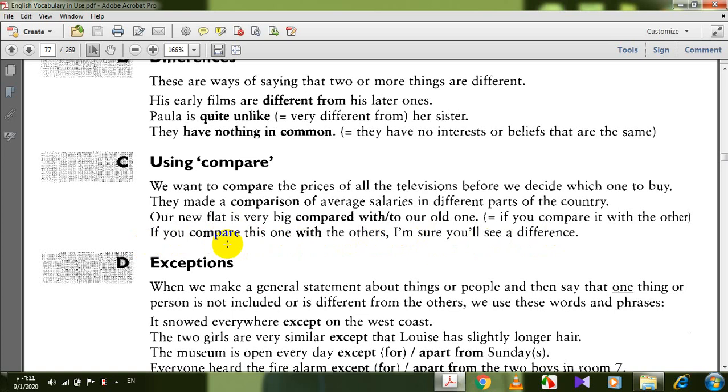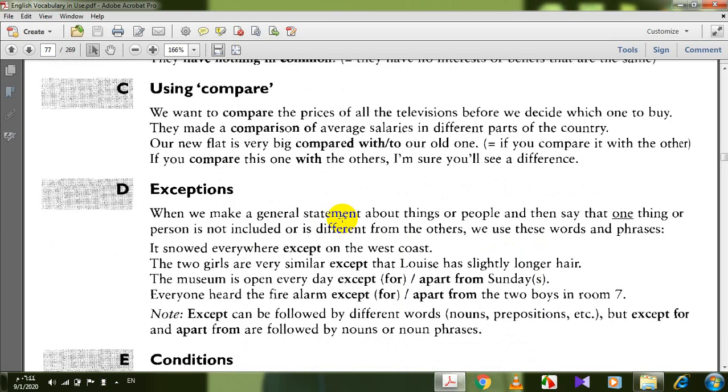We can say if you compare this one to the others, I'm sure you will see the similarities. So if you change the preposition, we change this word, differences to similarities. So: compare, comparison of, compared to, and compared with.